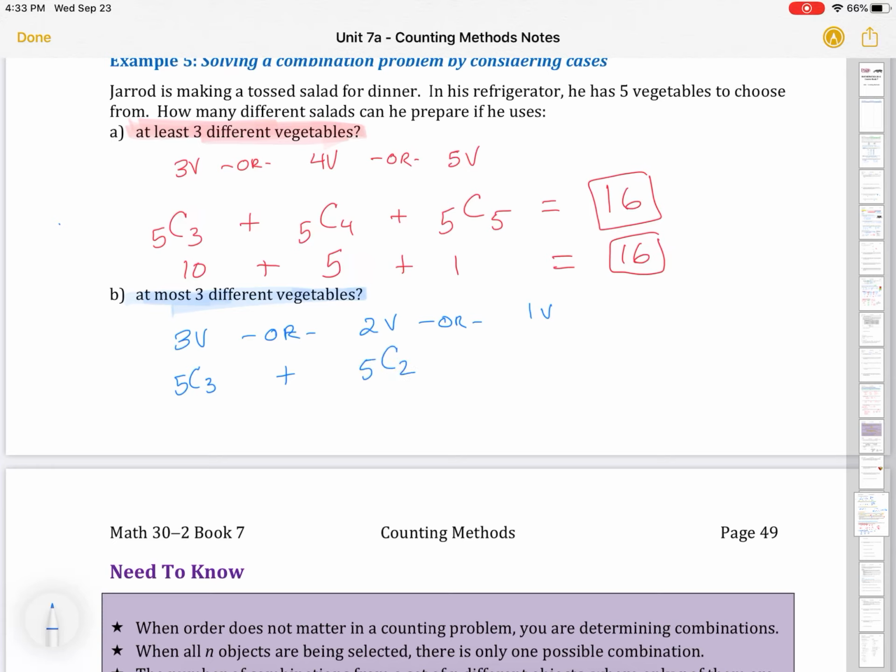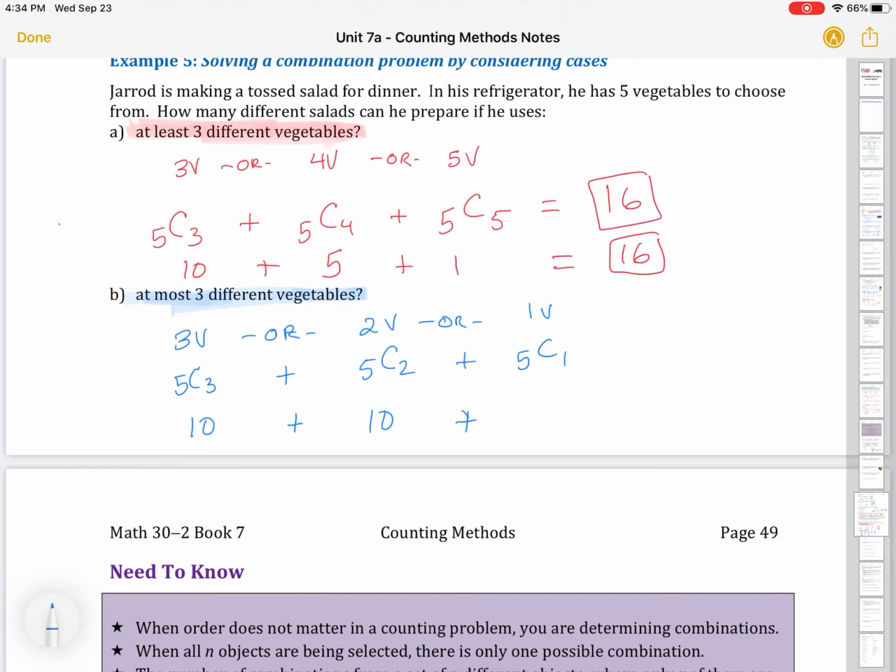What a salad. So 5 choose 3 for 3 veg, plus 5 choose 2 for 2 veg, plus 5 choose 1 for 1 veg. 5 choose 3, we know from the previous one, is 10.